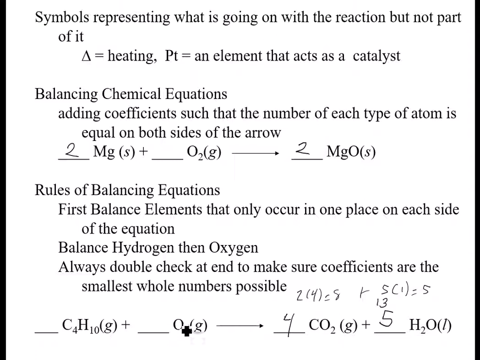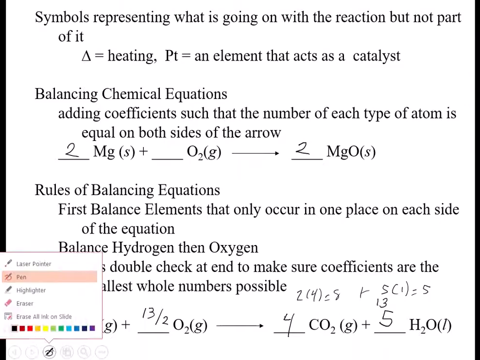Well, this is the oxygen molecule, and so every coefficient I put here is going to automatically be multiplied by 2. So how do I get an odd number, 13? Well, I can't, so I'm going to put a fraction here. I'm going to say that this is 13 divided by 2, and now when I multiply by 2, I end up with 13.